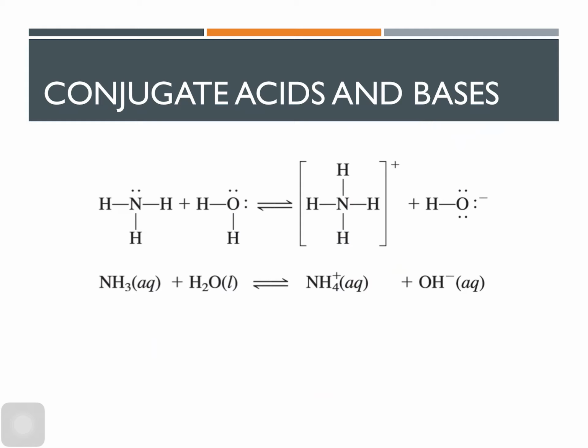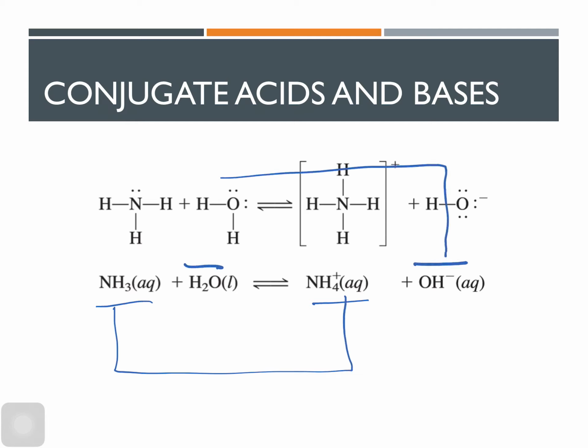We have ammonia reacting with water to produce ammonium ion and hydroxide ion. As you can see, ammonia and ammonium ion are related molecules. Water and hydroxide are related molecules.